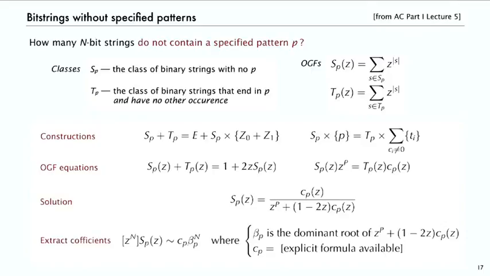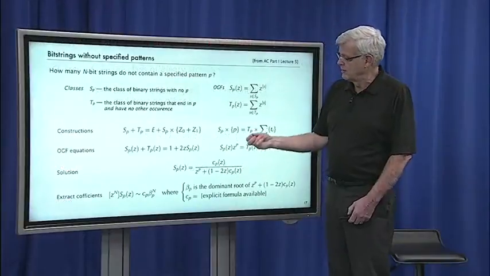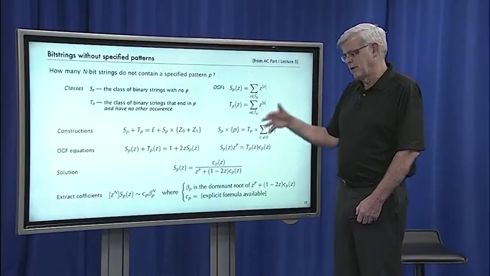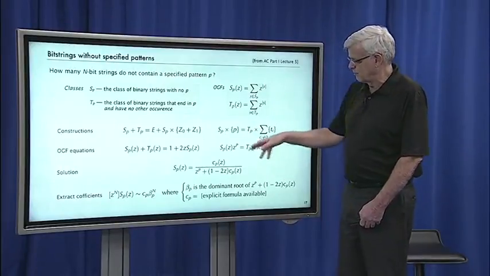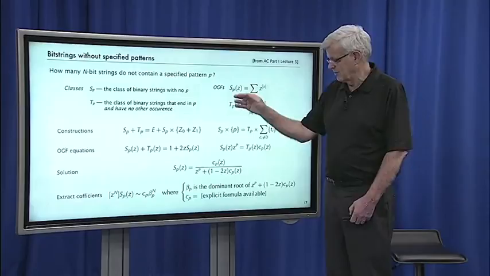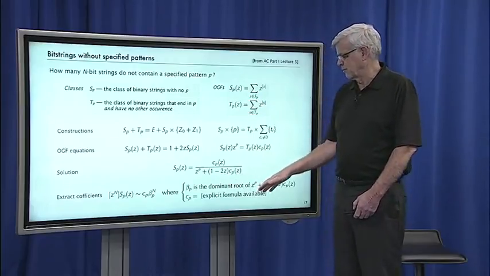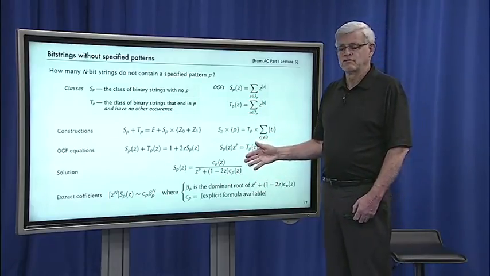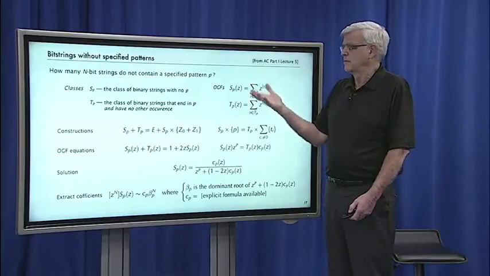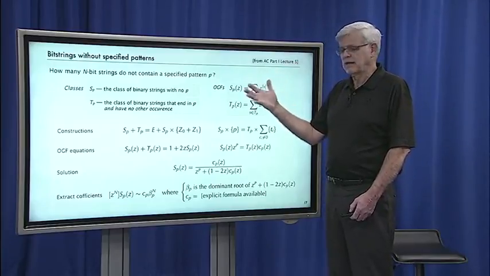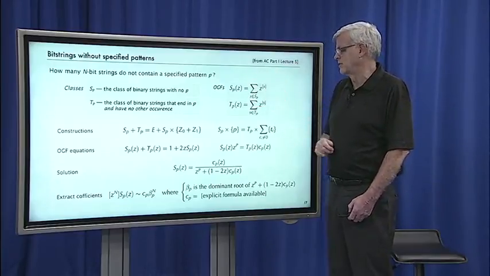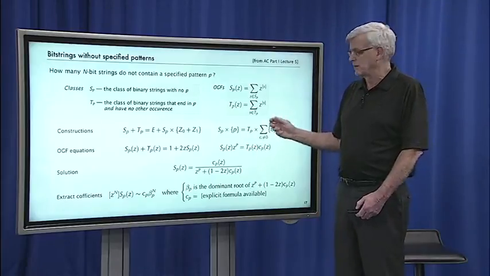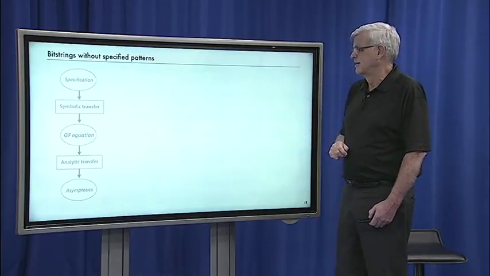And so that means that we can use the general procedure to find an asymptotic estimate for the coefficients just by finding the dominant root of the polynomial that's closest to the origin, and then getting the explicit formula for the coefficient right from the basic procedure that we've used. It's two polynomials, and we know how to deal with two polynomials.